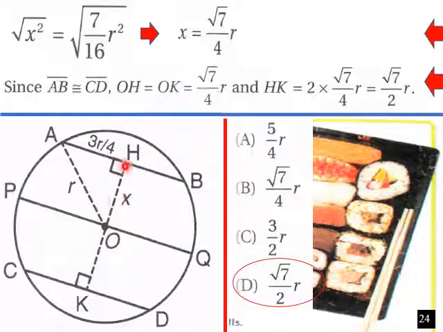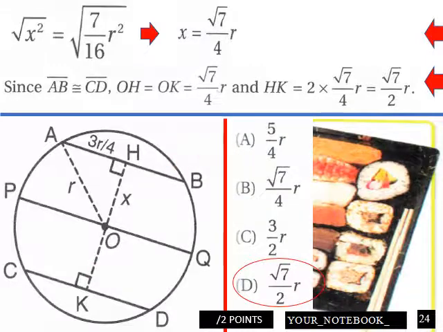So OH equals OK equals the square root of 7 over 4 R, and HK, which is this segment here, is 2 times this quantity, so HK equals the square root of 7 over 2 R. That is the solution, number D, for the length of this segment here. That is one way of coming about to that length.